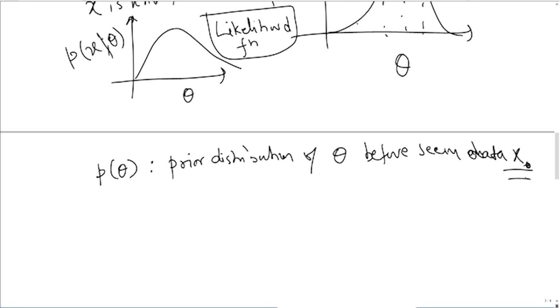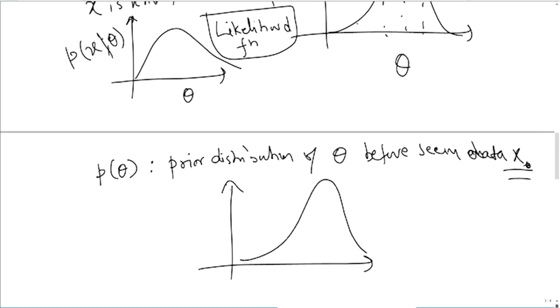This is actually your belief, your assumption, or your prior information about the true distribution of theta. Although you do not know the true distribution of theta, before seeing any data you can make a prior assumption that, well, I think this parameter theta might be distributed like this.